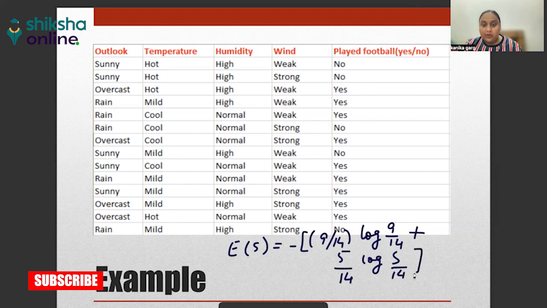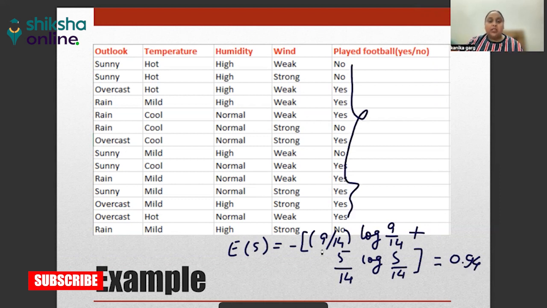Let's calculate this value and it will come out somewhere near 0.94. So this is basically the entropy of this whole set.